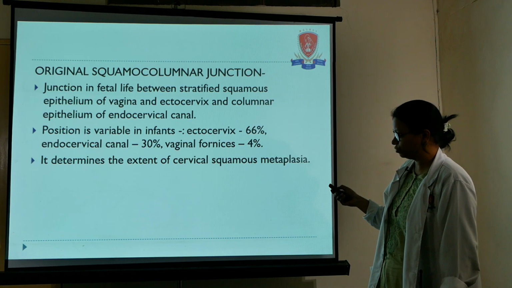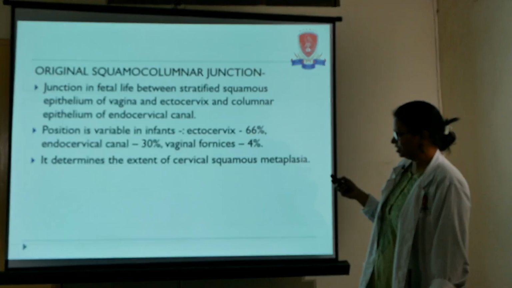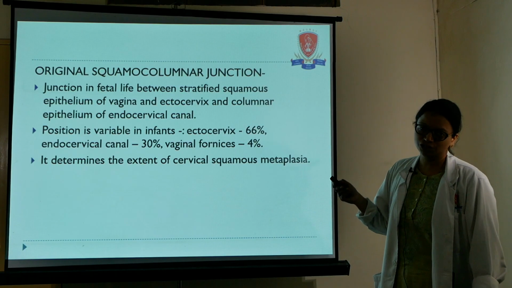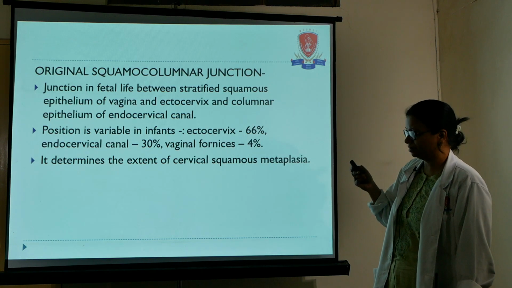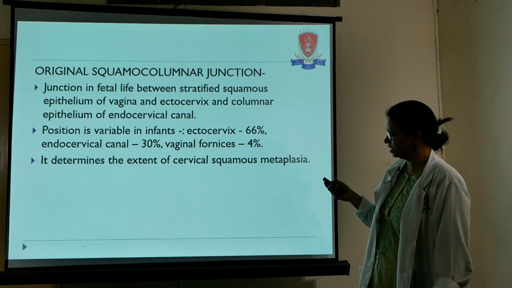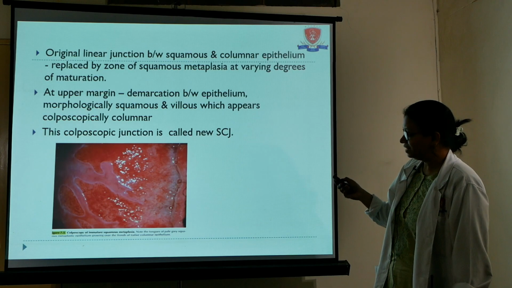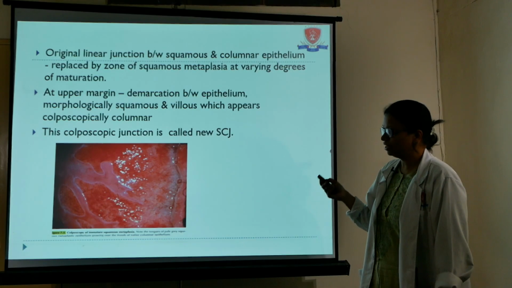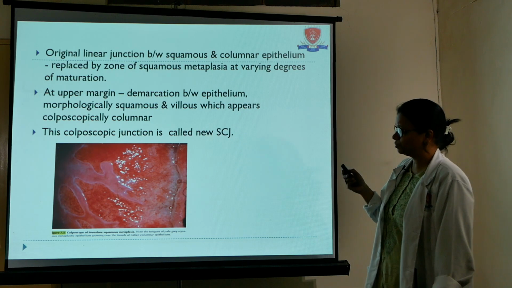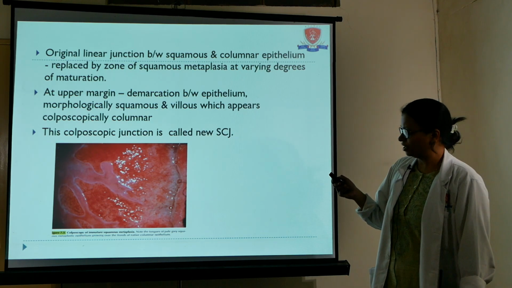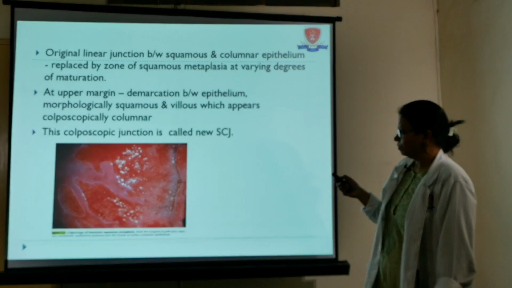she becomes mature, the cervix increases in size, and this old squamo-columnar junction changes its position as the columnar epithelium is everted out, which is known as ectropion. After it gets everted out, it is exposed to the vaginal pH, and once it gets exposed to the vaginal pH, it becomes metaplastic and changes into squamous epithelium.